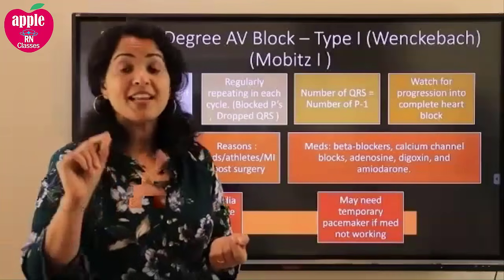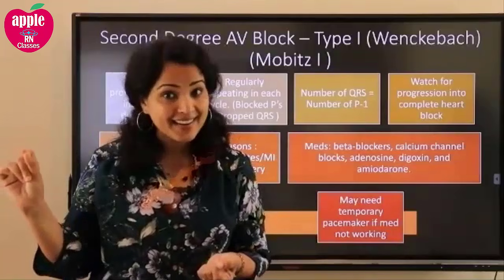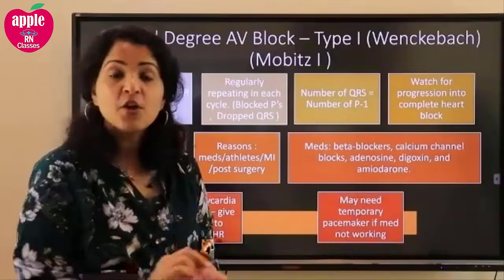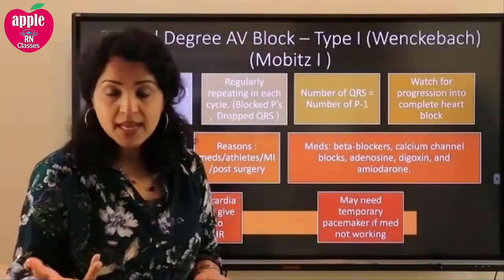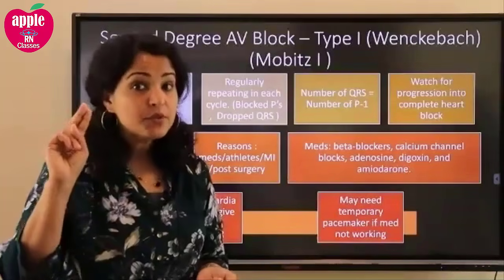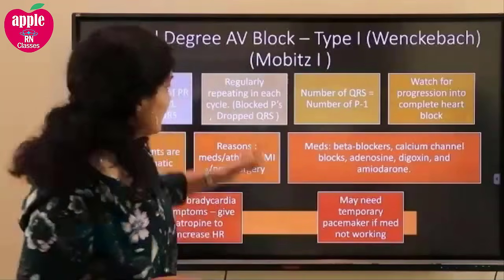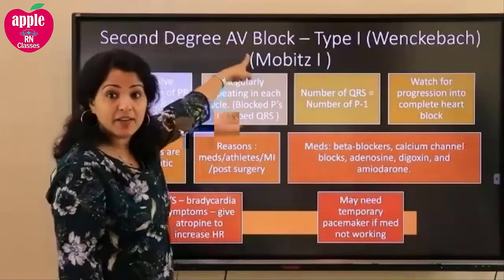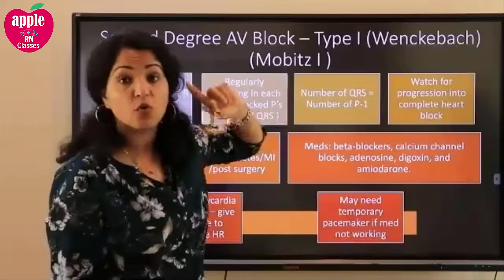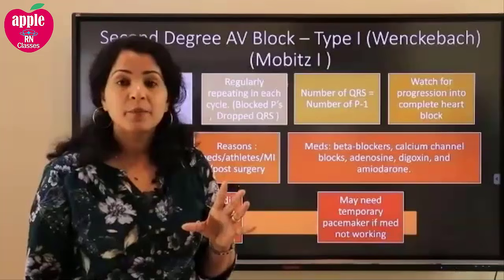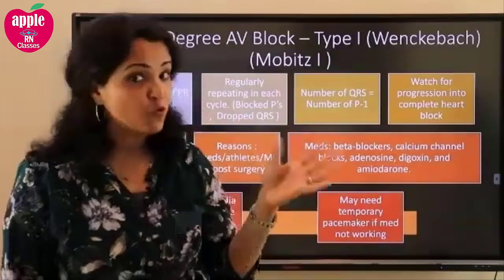Bradycardia, what is the major medicine we use in bradycardia? Atropine. So in these patients who have symptoms and they are type 1, not type 2, type 1 in second degree, okay, this is second degree AV block type 1 or Wenckebach or Mobitz 1, in those people, counseling might work.